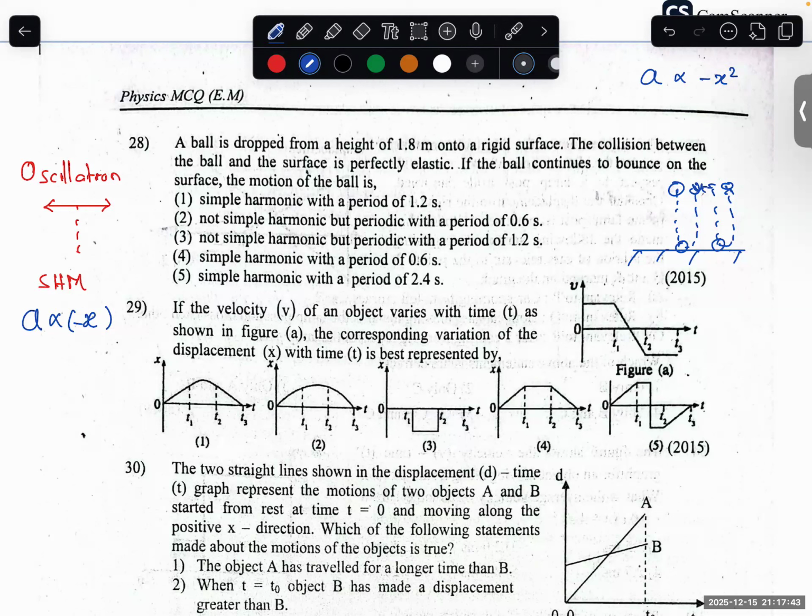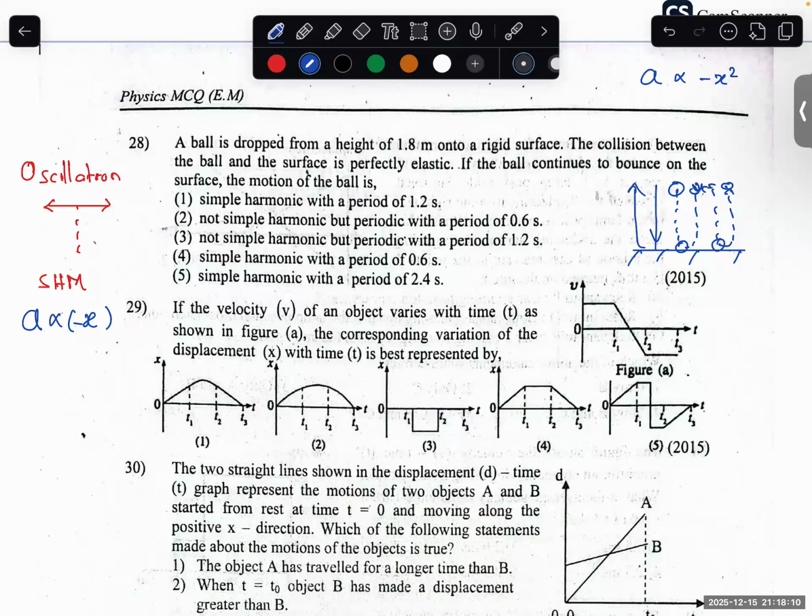Here there is nowhere you find a zero resultant force. Always the resultant force is mg, right? Not when it's hitting the ground; when it hits the ground, it's different. So it doesn't have a center of oscillation. It's periodic. The periodic time is the time taken from here and then coming back to the old position.